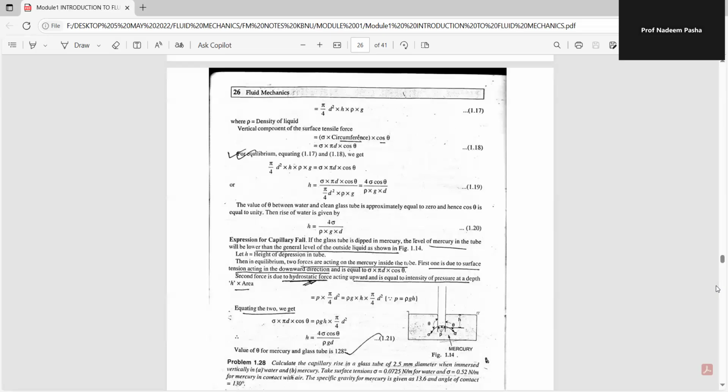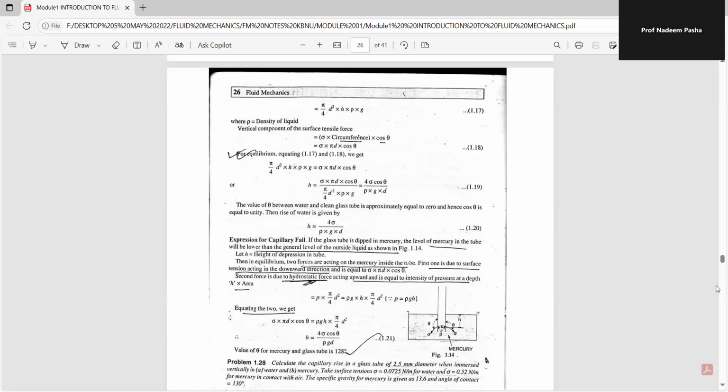The second force is due to the hydrostatic force acting upward, equal to the intensity of pressure at a depth h into area. If you equate both, you get sigma into pi d into cos theta equal to rho g h into pi by 4 d squared, so h comes out to be 4 sigma cos theta by rho g d. The value of theta for mercury in a glass tube is 128 degrees.